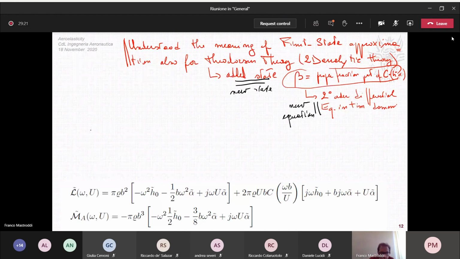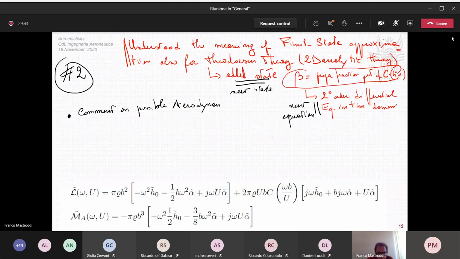I want now also to make a comment on possible aerodynamic models. I am talking about exercise 2. Comment on possible aerodynamic models. Okay.